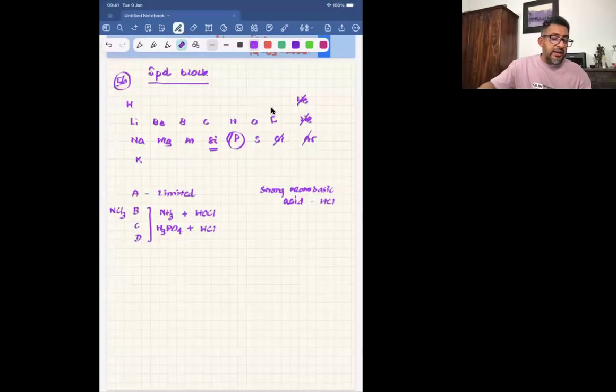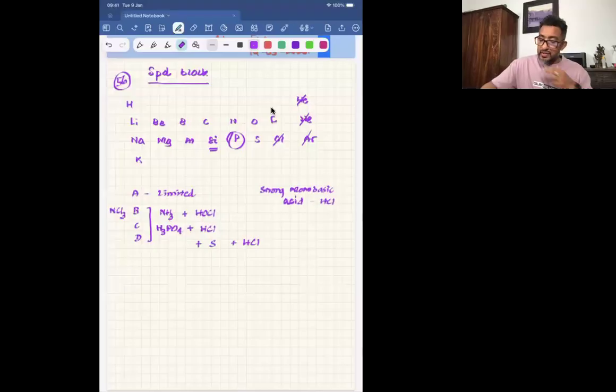D, a gas that turns acidic potassium permanganate solution colorless, a colloidal solid, and a strong monobasic acid. That means HCl. When you have chlorides, usually you get HOCl or HCl, right? The colloidal solid is sulfur.